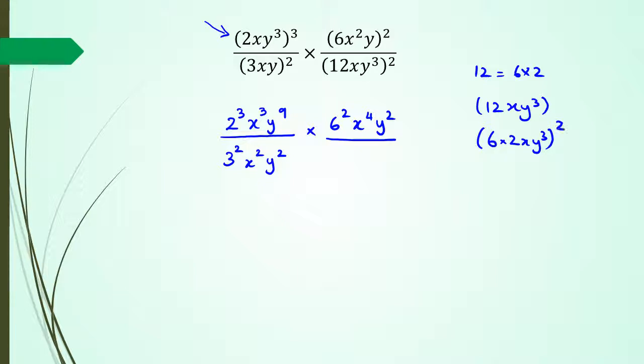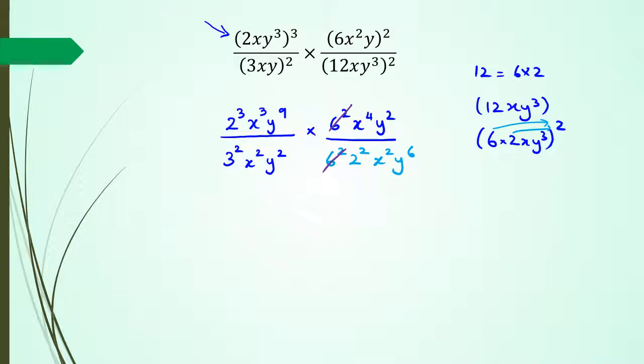When I do that, I'm going to have 6 squared multiplied by 2 squared, and then the regular x squared and y to the power of 6. The reason I wanted to do 6 squared is because then 6 squared and 6 squared cancel out each other.